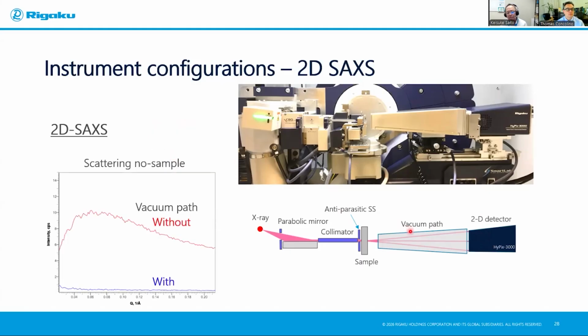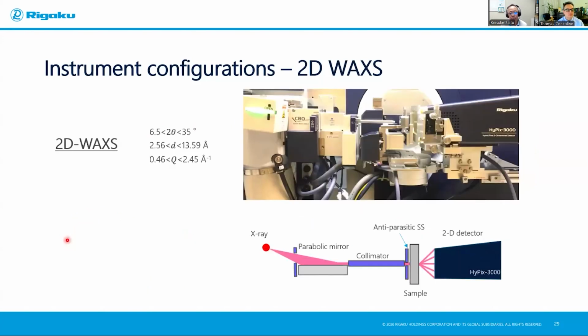The vacuum path suppresses air scattering. The data on the left shows the comparison between with and without the vacuum path. Without it, as you see, the air scattering is huge. This is the X-ray scattered by air, like oxygen and nitrogen atoms. For WAXS, up to the sample the configuration is very similar, but the difference compared to SAXS is that the detector distance is very, very short.